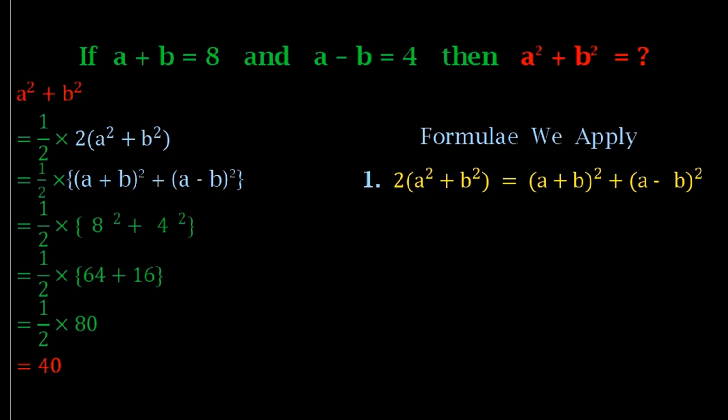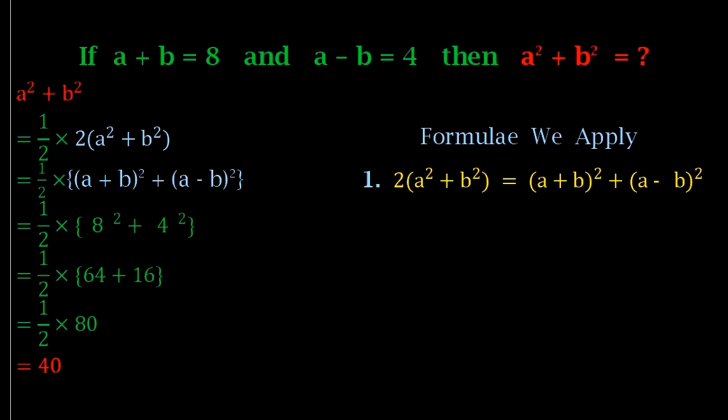So on the very second line we can write half into 2 into a square plus b square. Look, this half and 2 cancel each other according to the cancellation law of multiplication, as they are multiplicative inverses of each other. That is, the value is the same as the previous line, and we keep the half as it is.